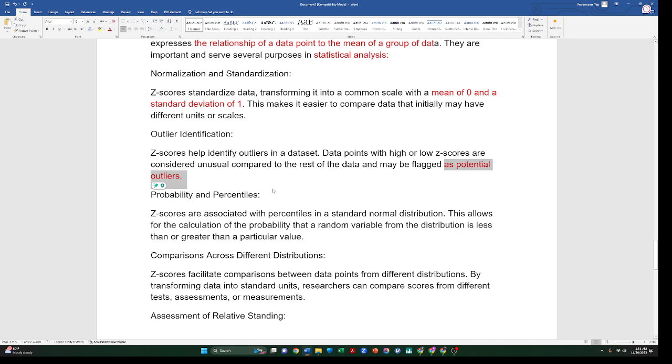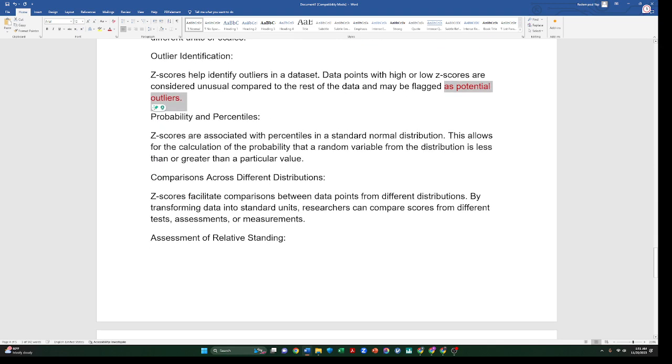And probability and percentiles. These scores are associated with percentiles in a standard normal distribution. This allows for the calculation of the probability that a random variable from the distribution is less than or greater than a particular value.